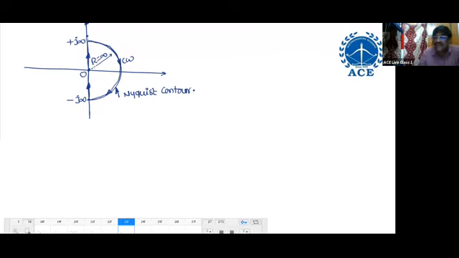Okay. Then what is N here in the Nyquist contour? The principle of argument concept is applied to the complete right side. So what is N, what is P, what is Z here?